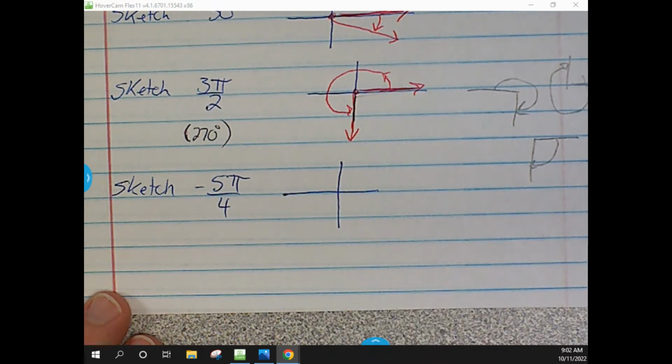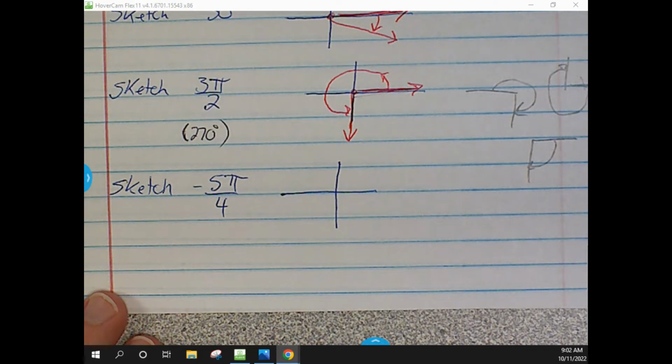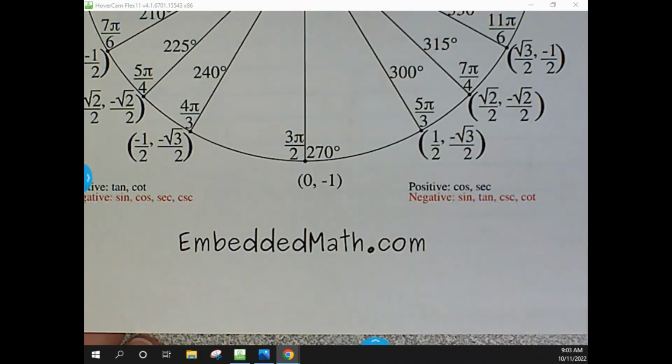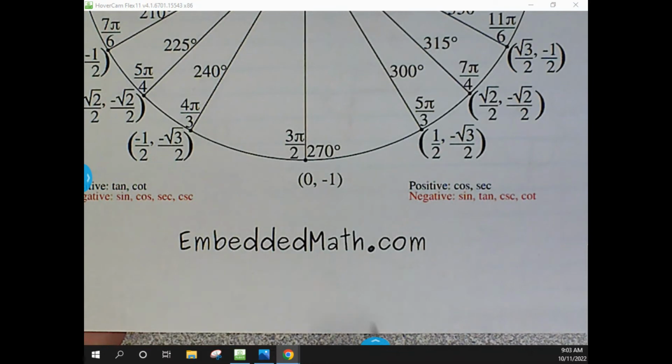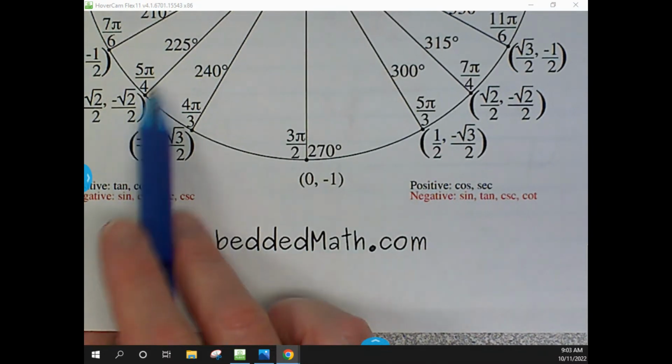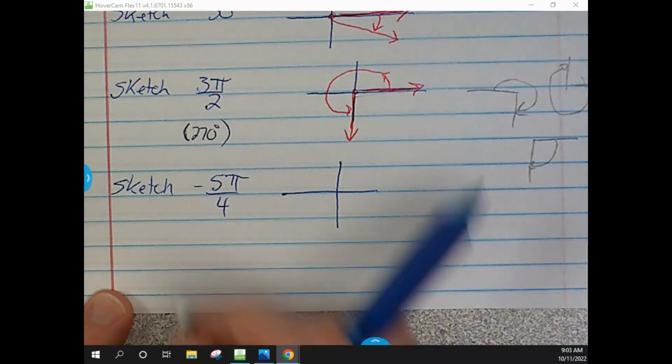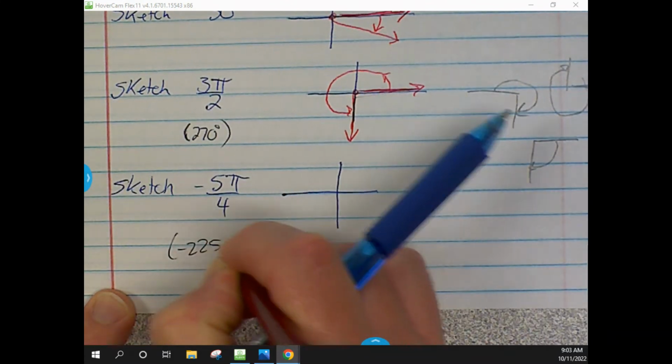And again, when you're first doing this, the first couple of days, it might even take towards the end of the week before you get to this one. So you're going to take out your unit circle. You're going to find 5 pi over 4, which is right here. That's 225. So you just got to know that if we're sketching this thing, that's negative 225 degrees that we're going to sketch.